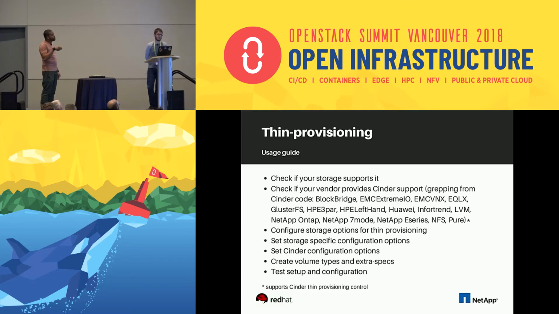So firstly, you check if your storage supports thin provisioning. Then you check if your storage vendor provides Cinder support for thin provisioning. I have this list here. Those are the ones that currently support thin provisioning.